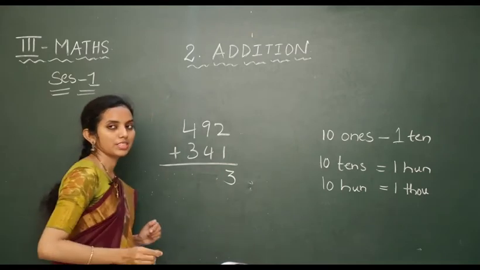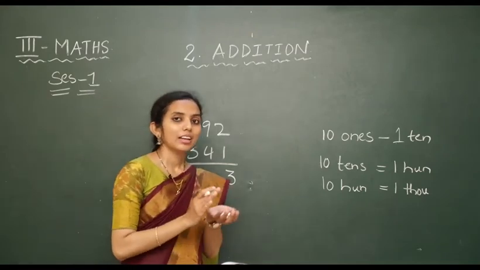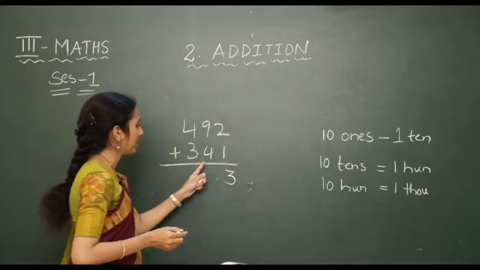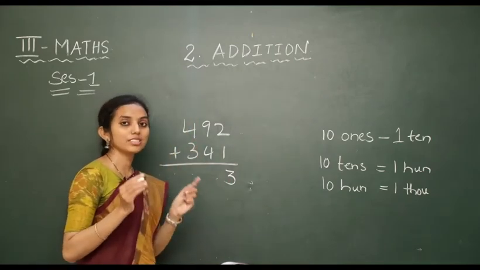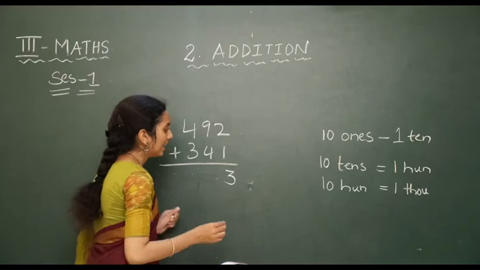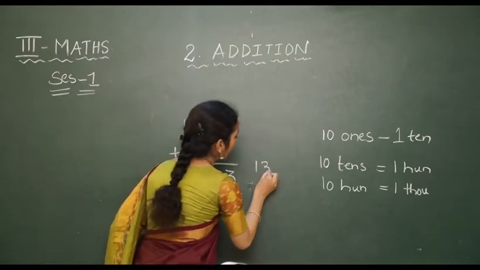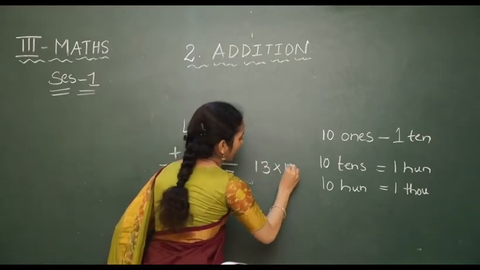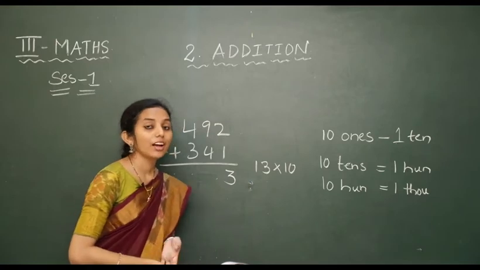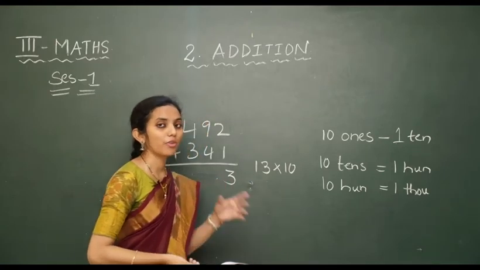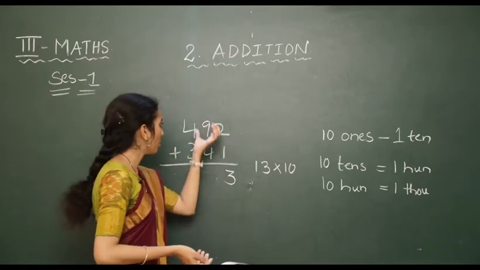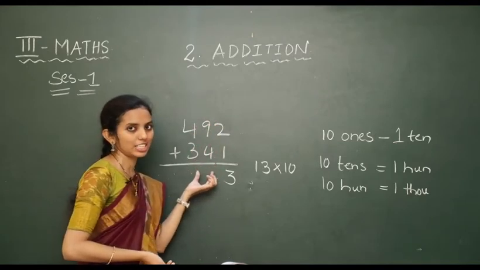9 plus 4 is 13. What does it mean? It means 13 tens are there. How many tens are there? 13 tens are there. Why am I calling it tens? Because the digit is in the tens place.